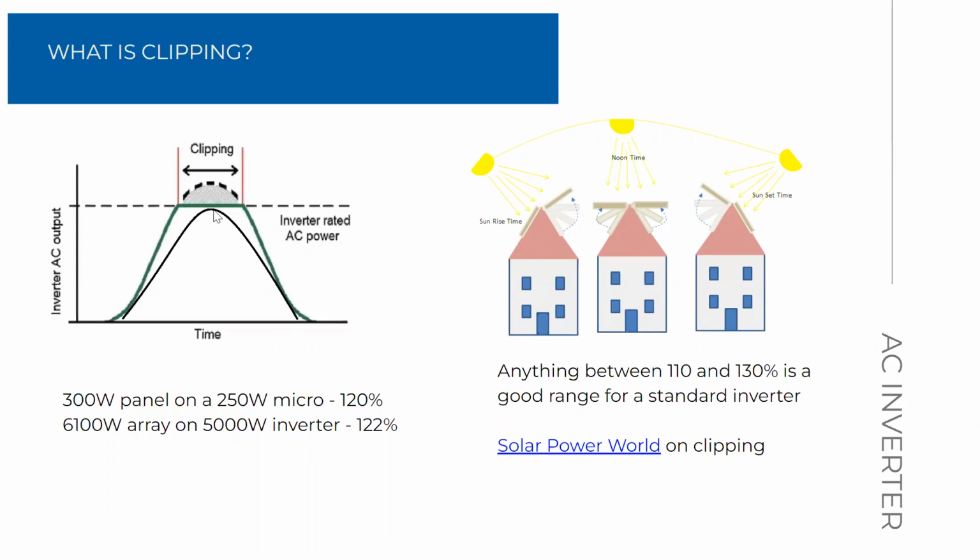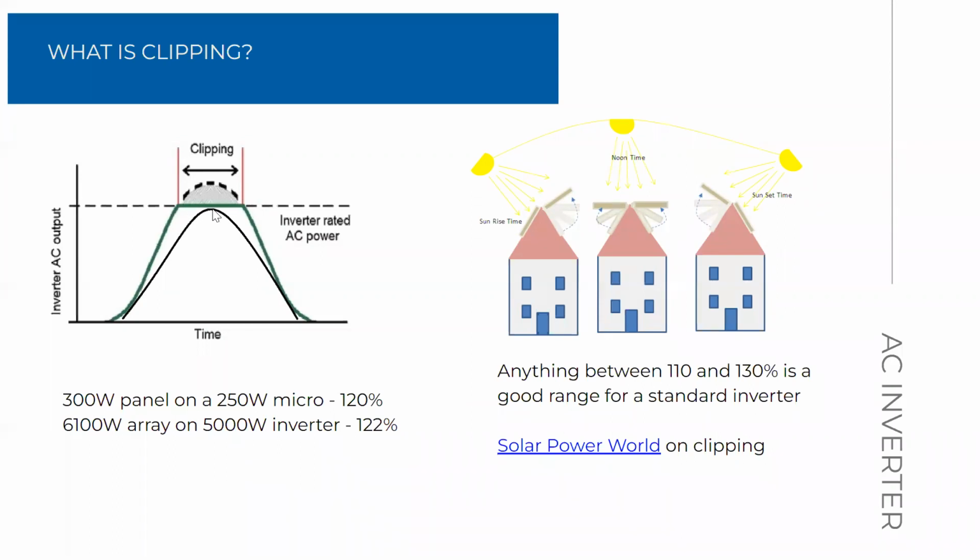So only at high noon, if we look at this clipping chart on the left now, if we're starting, let's just say the beginning of this curve is 8 a.m. and the end of this curve is 4 p.m. Anytime between 8 and noon, I am getting closer to my 250 watt output because I have a larger panel on.